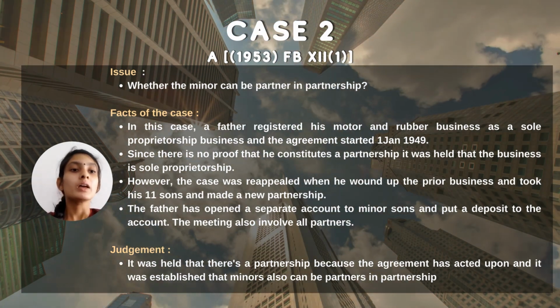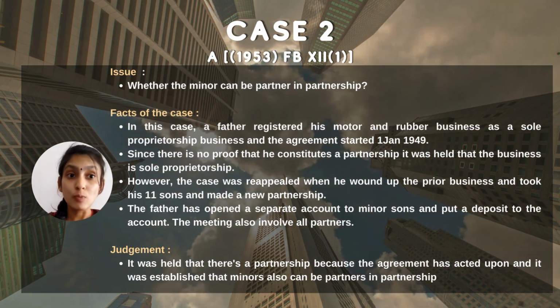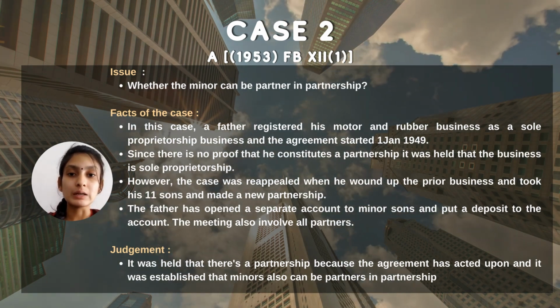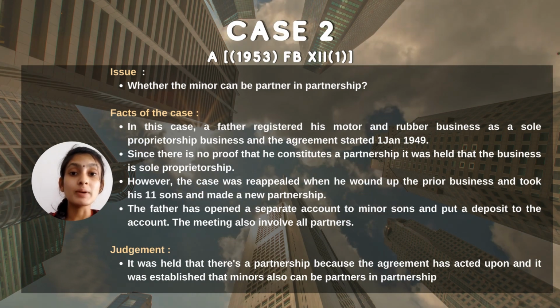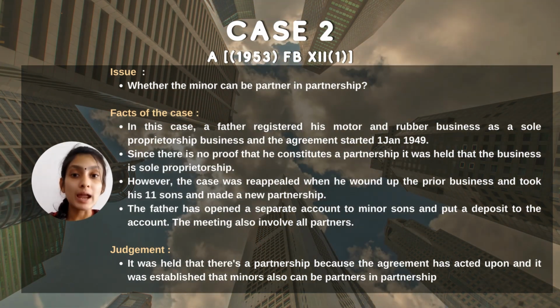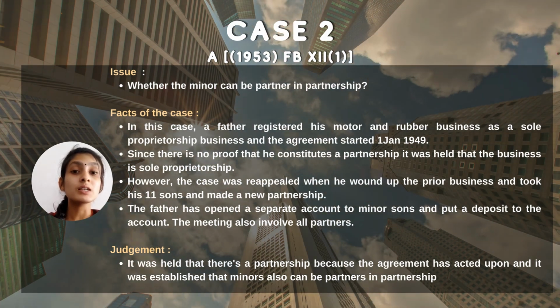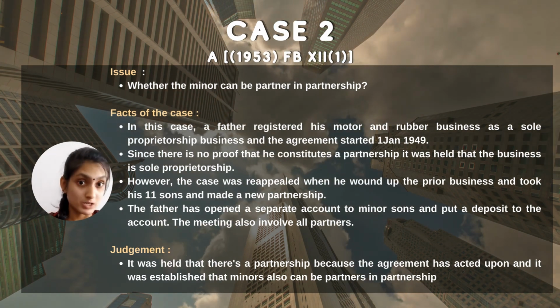Okay, so the first decision was made, where it says that since there is no proof that he constituted a partnership, which means there's no agreement or consent between the parties, remember the characteristics, since there are no proofs like that, the first judgment is that the business is a sole proprietorship, not a partnership.